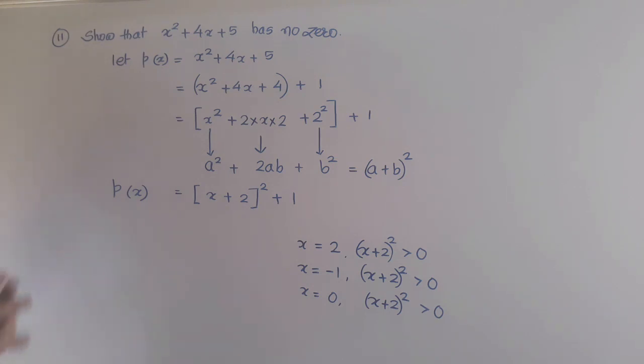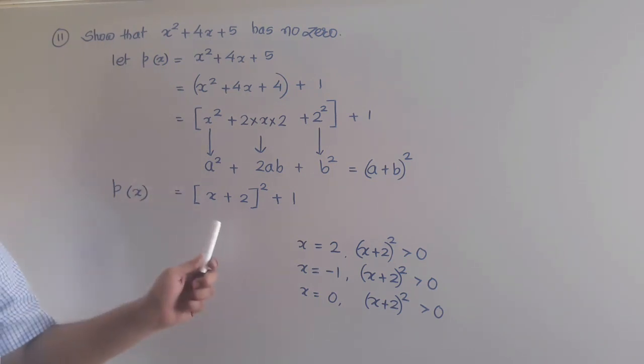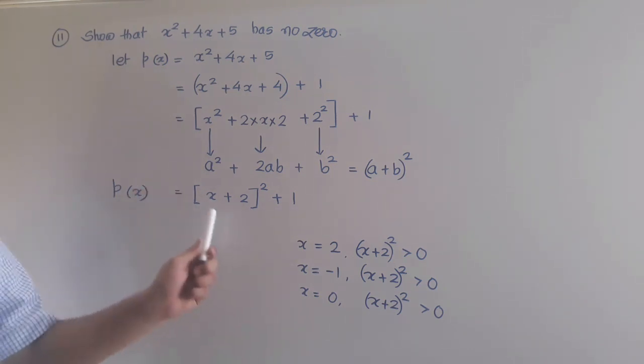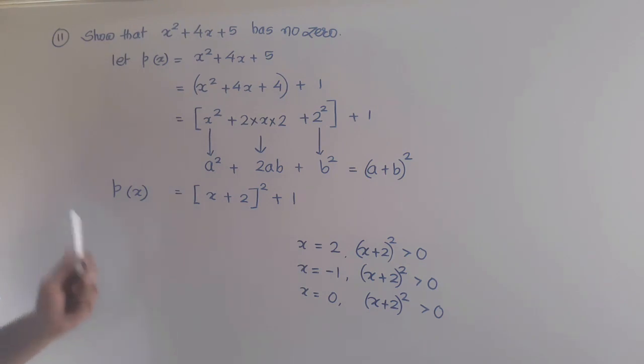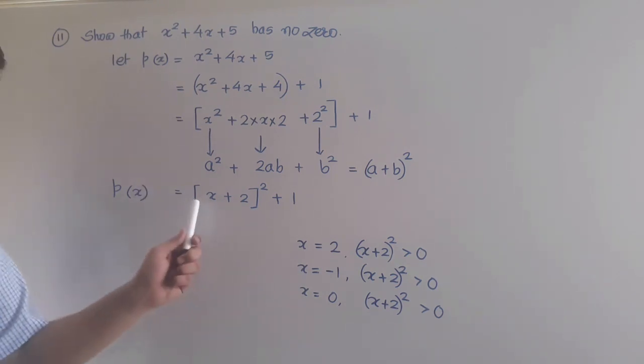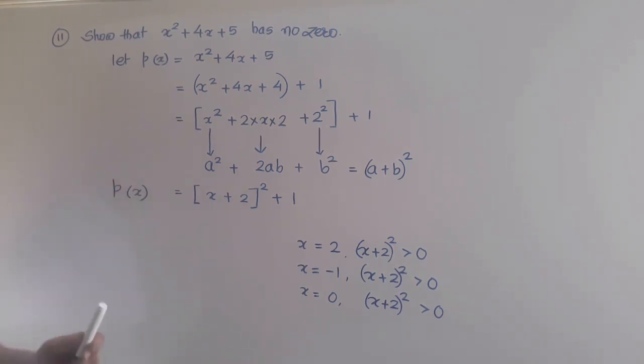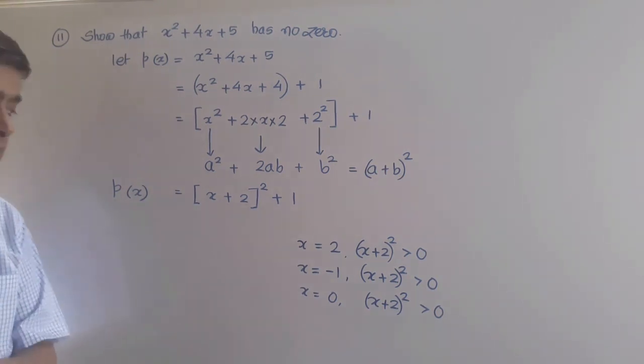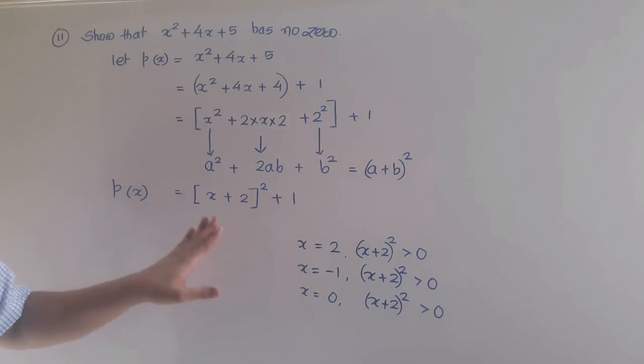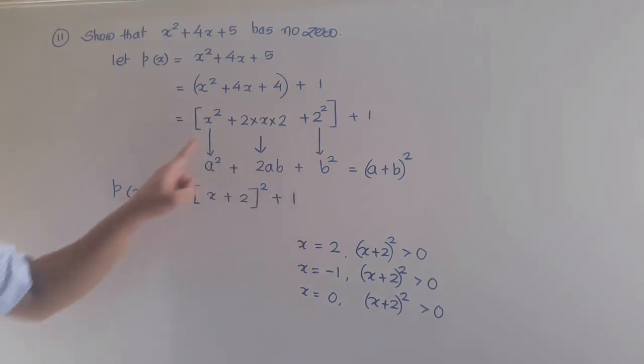And if you want to find the 0 of a polynomial, the value of the polynomial at a certain point should become 0. So this polynomial cannot be equal to 0 for any value of x. You can put a fractional value, a decimal value, or positive, negative, any value that comes to your mind, each and every time the whole value will be non-zero.